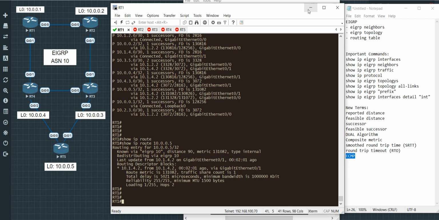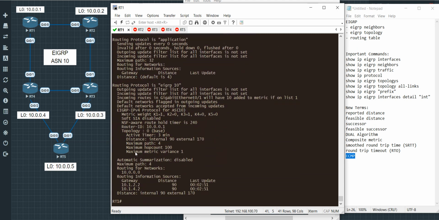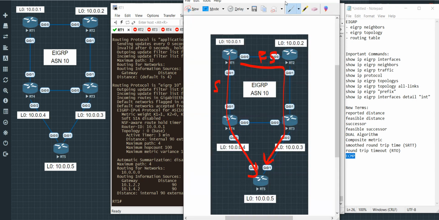The last command that I want to go over is called the variance command. And so we saw that at the very beginning with the show ip protocols command, which is here, the maximum metric variance is equal to 1. So if we ever had a situation where we wanted router 1 to be able to use this route and this route at the same time, for whatever reason, in order to do that, we can manipulate the variance command.